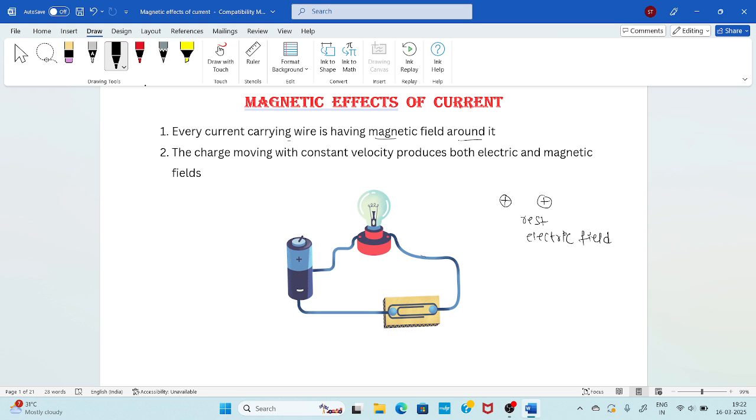The two positive charges at rest produce only an electric field. Whenever a charge moves with a constant velocity, it produces both electric and magnetic fields. If the charge is at rest, it produces only an electric field.